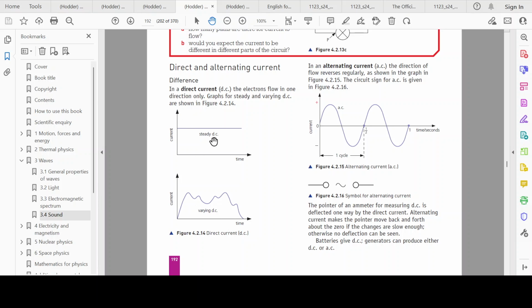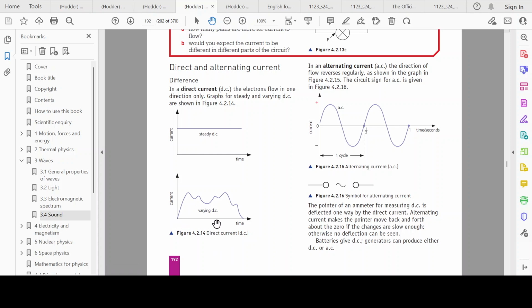Right, so these two graphs on the left, top and bottom, this is the graph of a steady DC where you've got one value of direct current coming in, so you get a flat line, right? But it's not at zero, it's at whatever value of current there is, and it's not changing over time. So current versus time, you're getting a flat horizontal line at whatever value of the current is being supplied.